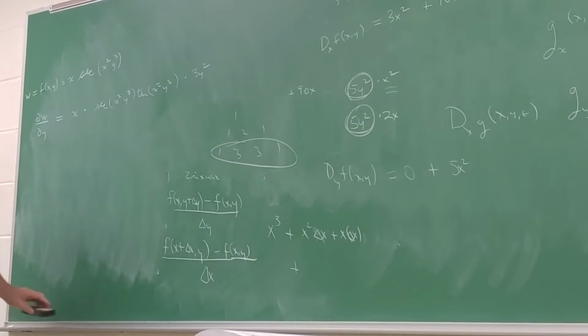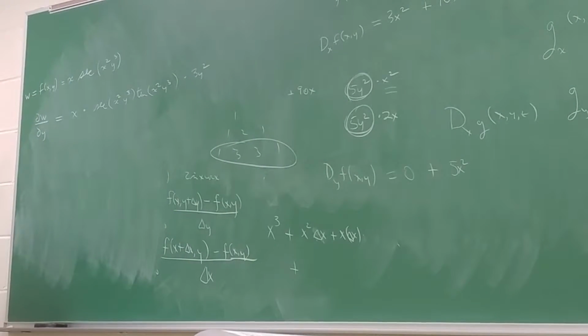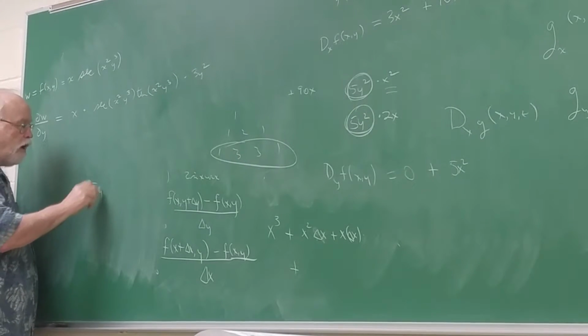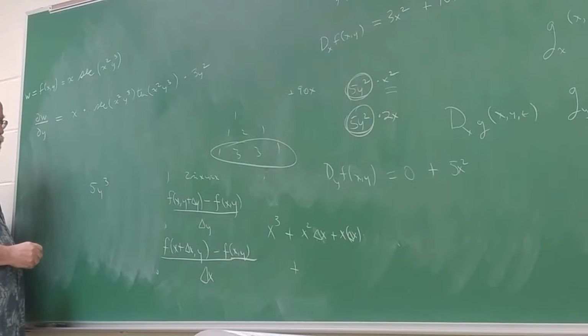3xy squared. Well, you can do this: putting the x up front. I cleaned it up, I moved that up front, but it's not right. What if it had been 5y cubed instead of x squared y cubed?